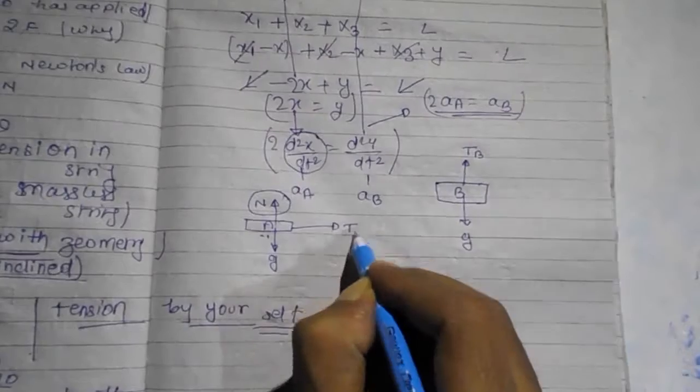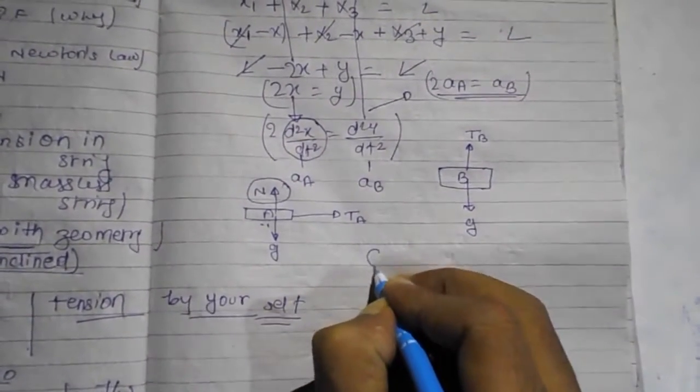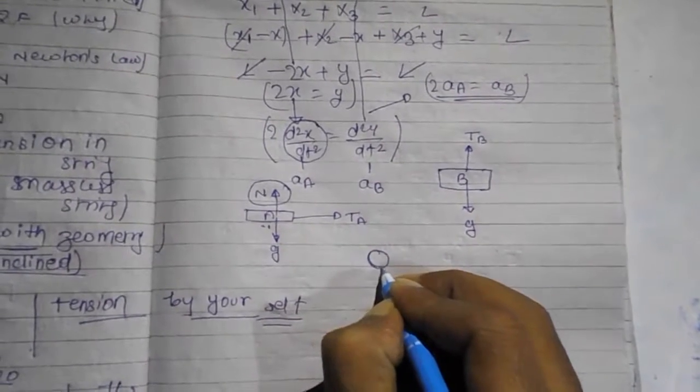This is tension, this is TA. Now we are going to draw the free body diagram of the pulley. This is the pulley.